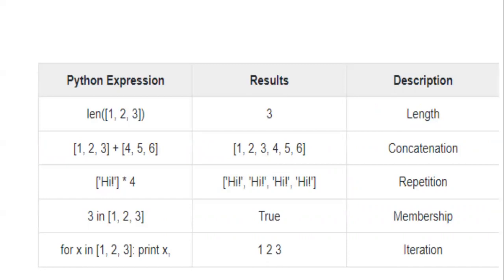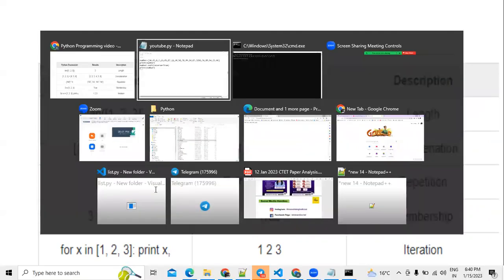So how does Python express the length of a list? The length will be calculated like 1, 2, 3. So we can learn a good concept.